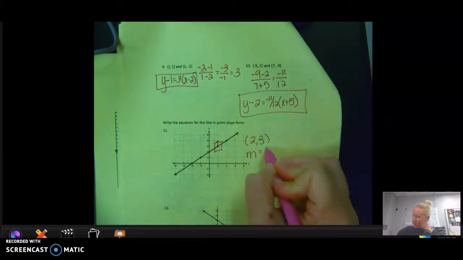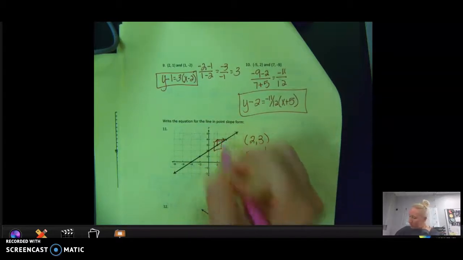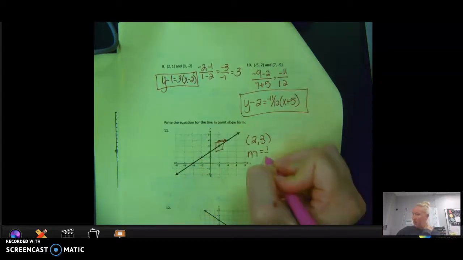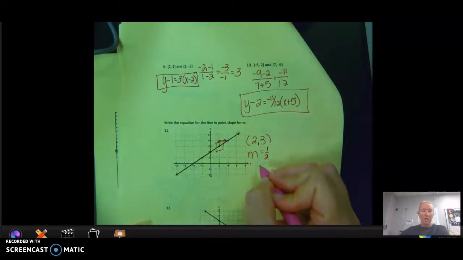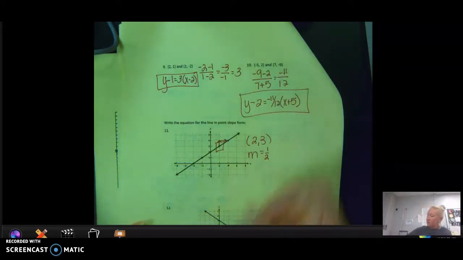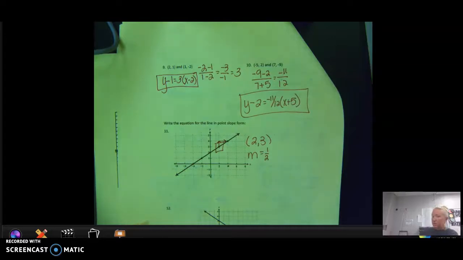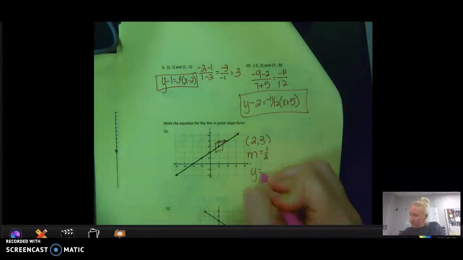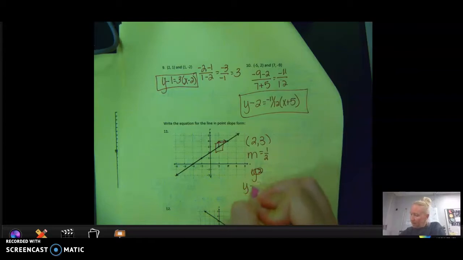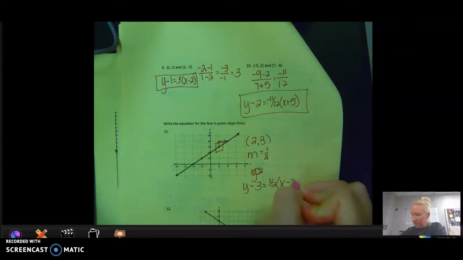I rise 1, but I run from 2 to 4, so I'm actually running 2, and it's a positive. So there's my point. You could use any point. If you used a different point, it obviously will give you an equation that's correct, but it'll look slightly different. Here it is, y minus 3 equals my slope of 1/2, parentheses x minus 2.